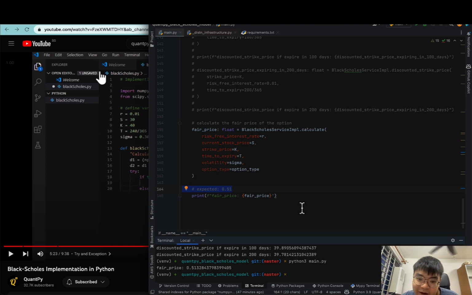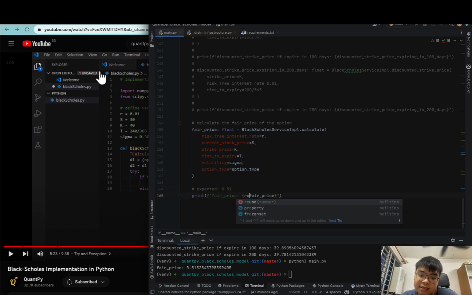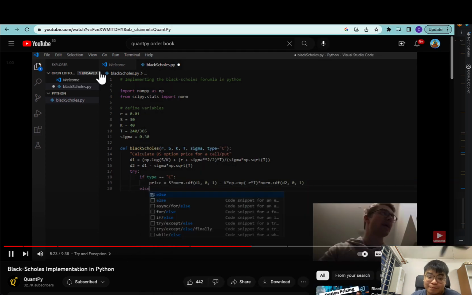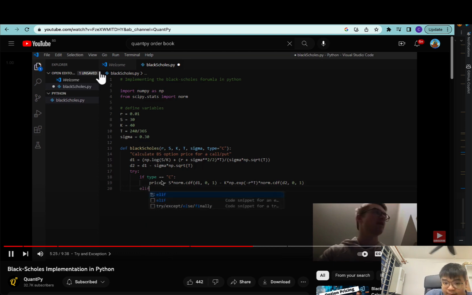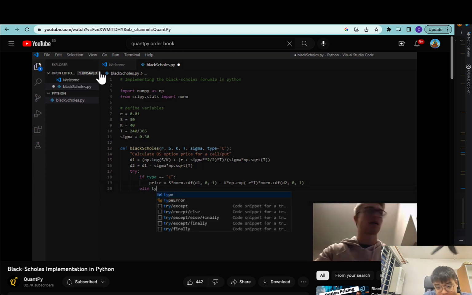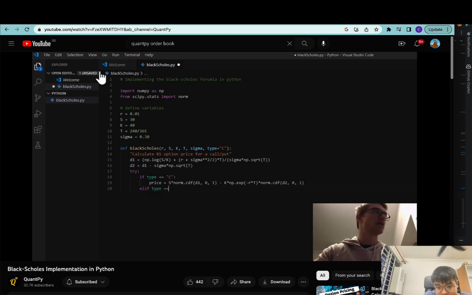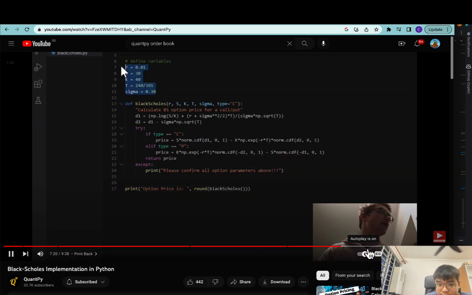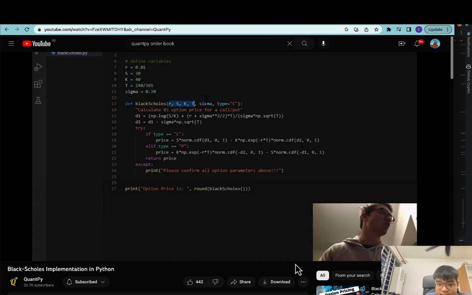Yep, we got 0.51. And if we round this to 2 decimal places, then we should get 0.51. There we go. Let's just say else if type is equal to P, with the parameters above. So we've actually called them exactly by the name, so let's just copy and paste them.